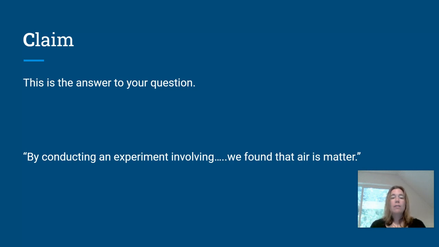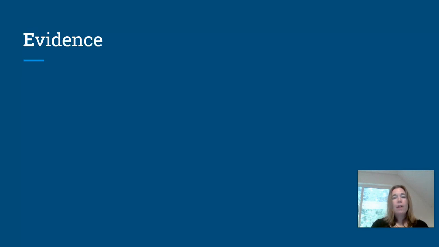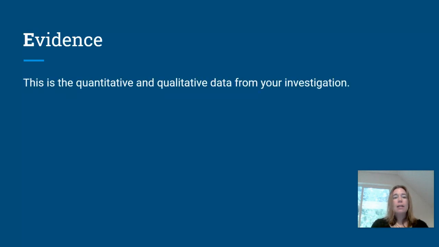So you do want to give a brief description of your methodology in your claim, in that introduction, but very clearly state what you found out, what your decision is based upon your investigation and based upon your data. So evidence. Evidence is, again, the quantitative, so remember, quantity, any numerical piece of data, and qualitative data from your investigation.